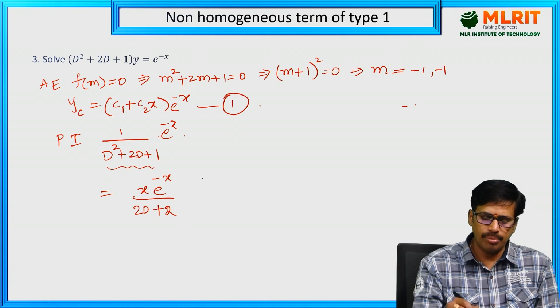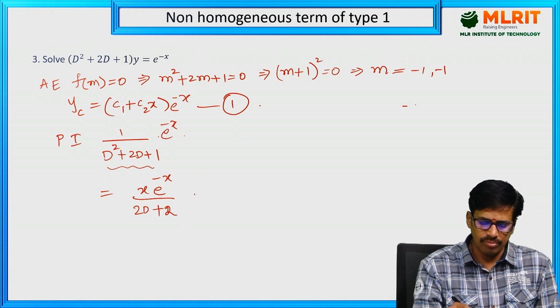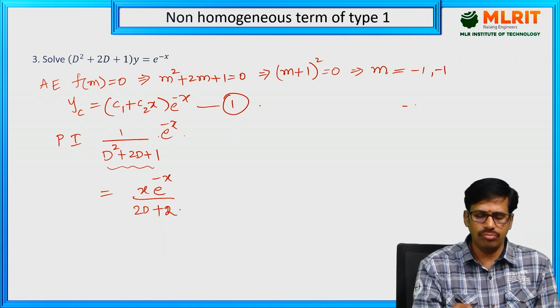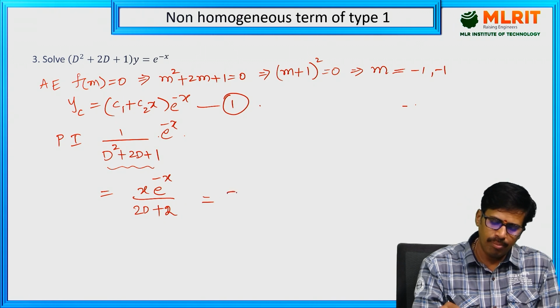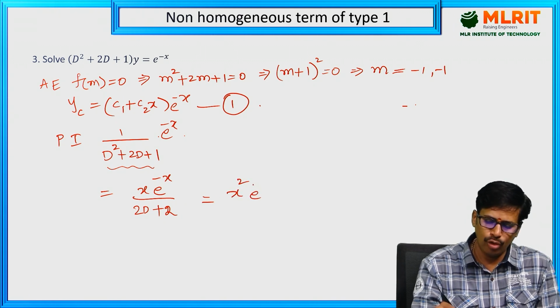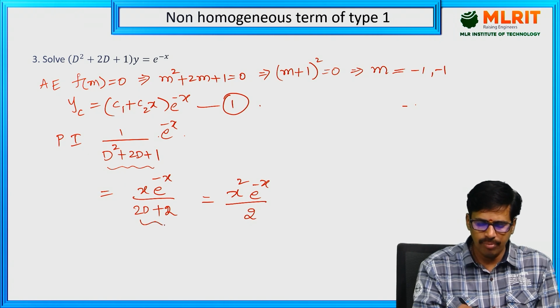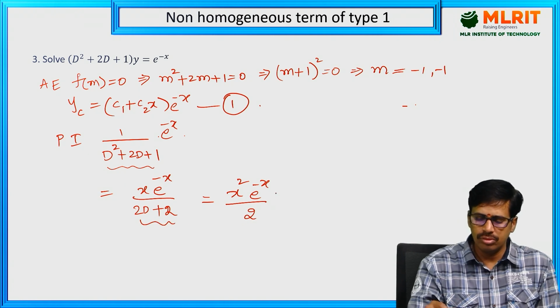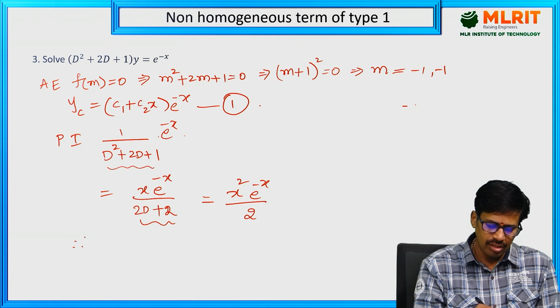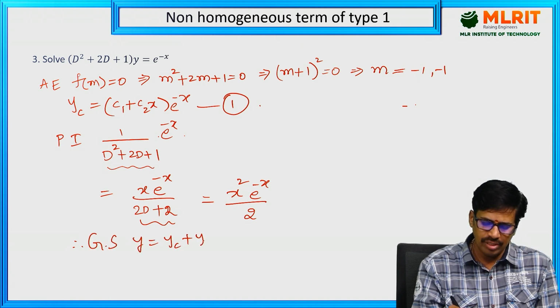Now again you substitute D is equal to minus 1. So minus 2 plus 2 is 0. Again you multiply with one more x in the numerator. Again you differentiate the denominator. 2D plus 2, derivative is 2. So this is the particular integral. Therefore the general solution is y is equal to yc plus yp. Add these two.